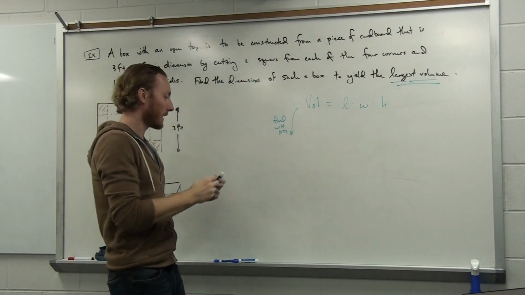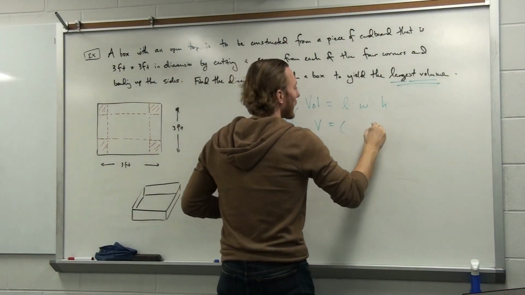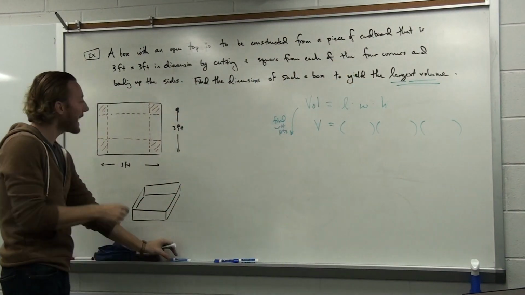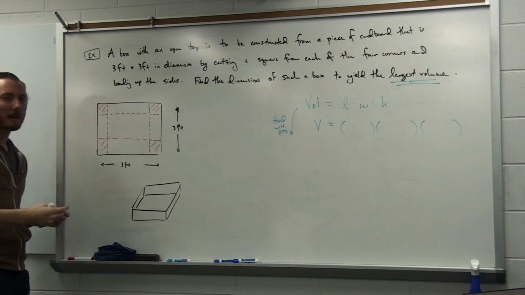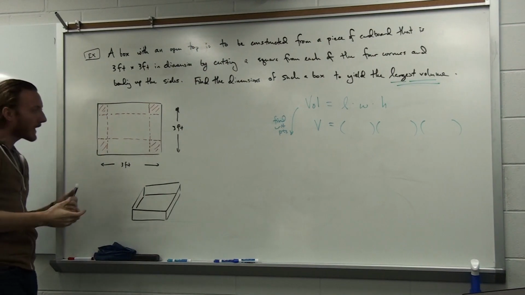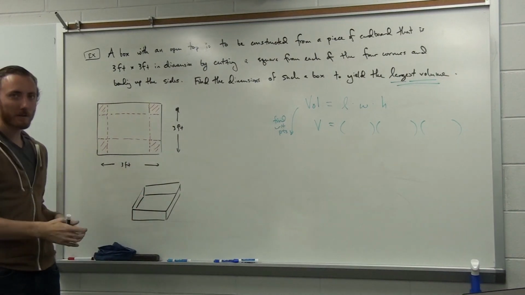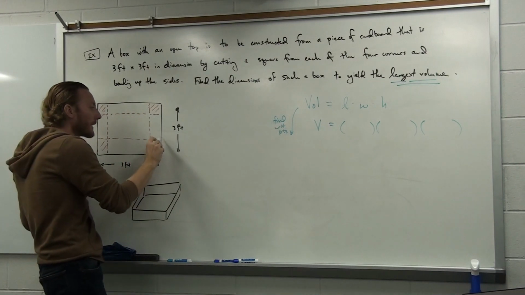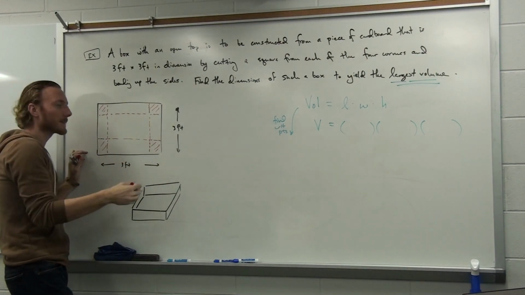And now the question becomes, well, what is the length? What is the width? What is the height? Well, that's going to depend on how big we make our cut, right? Our cut could vary in size. If we cut tiny rectangles, we'd have different measures than if we cut very large rectangles. So the squares that we're cutting from the corners of our figure are going to possibly vary in length.